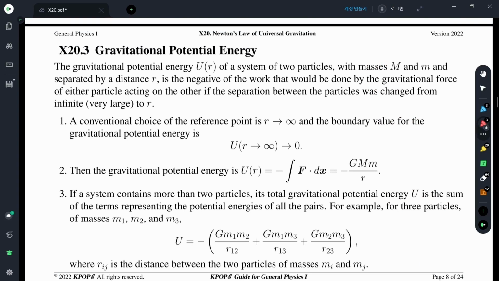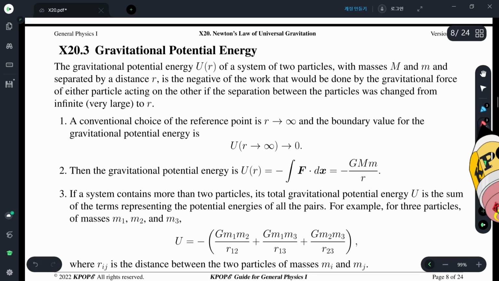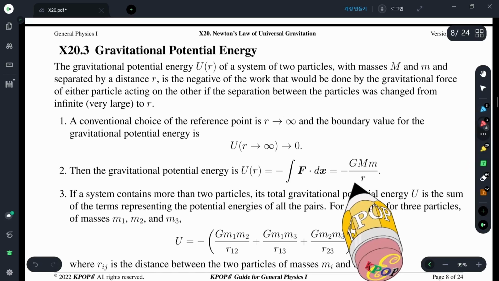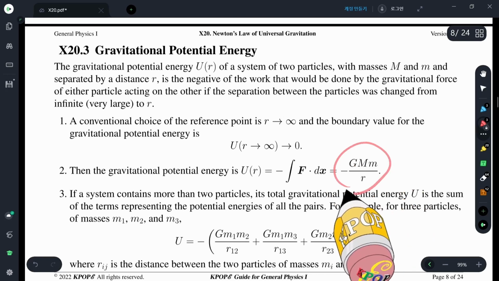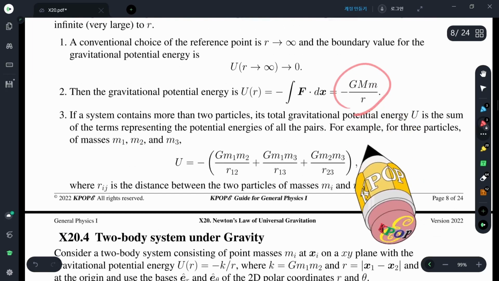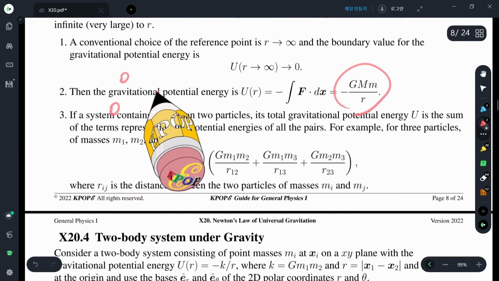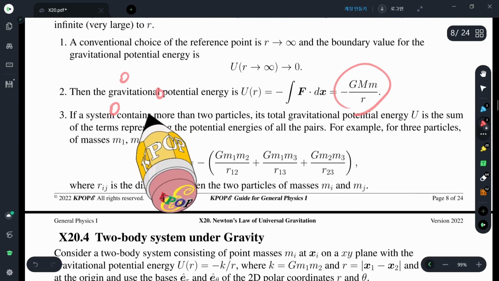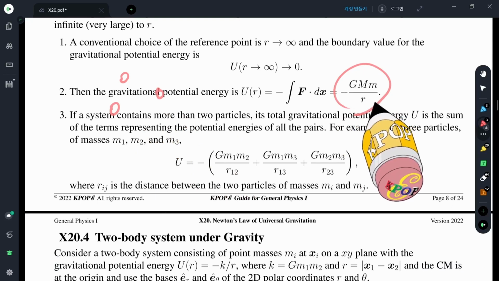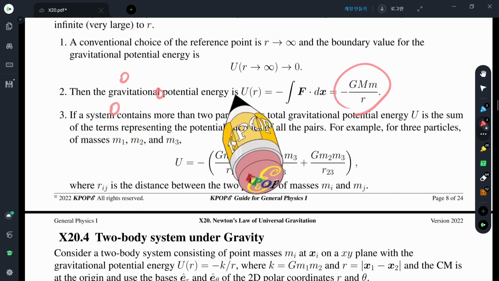We can consider the gravitational potential energy by multiplying the test mass. So this is the gravitational potential energy between two particles. And when there are three particles, the gravitational potential energy can be computed this way.